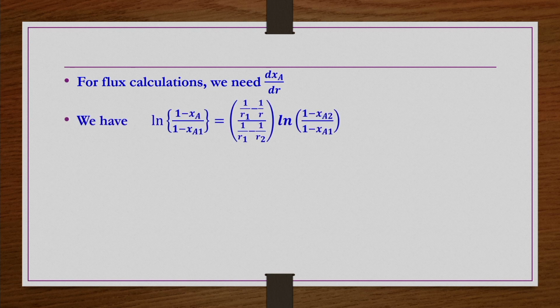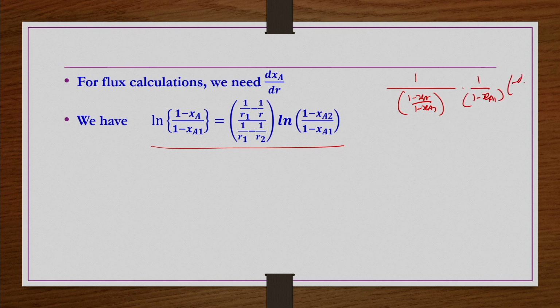So, for that what we do, we take the concentration profile in this ln form, then we differentiate with respect to r on both sides. First, the left hand side: if you differentiate with r, you get 1 by (1 minus xa) multiplied by 1 by (1 minus xa1), and then minus dxa by dr. On the right hand side, this and these are constant.